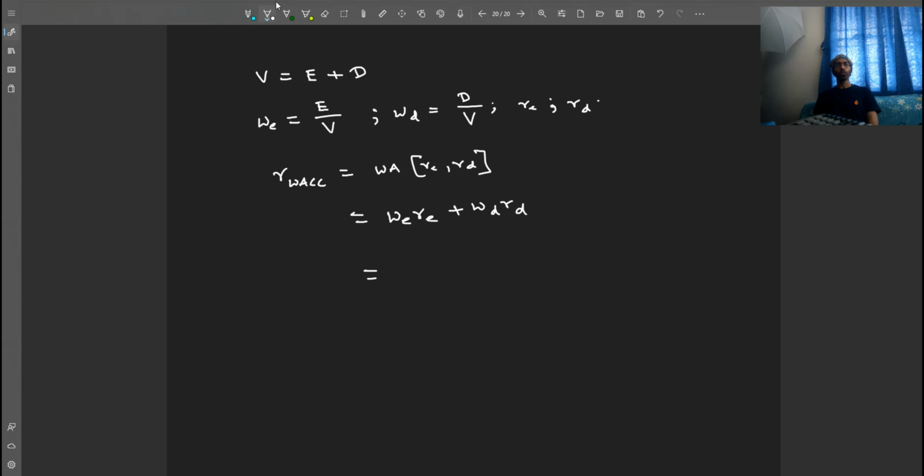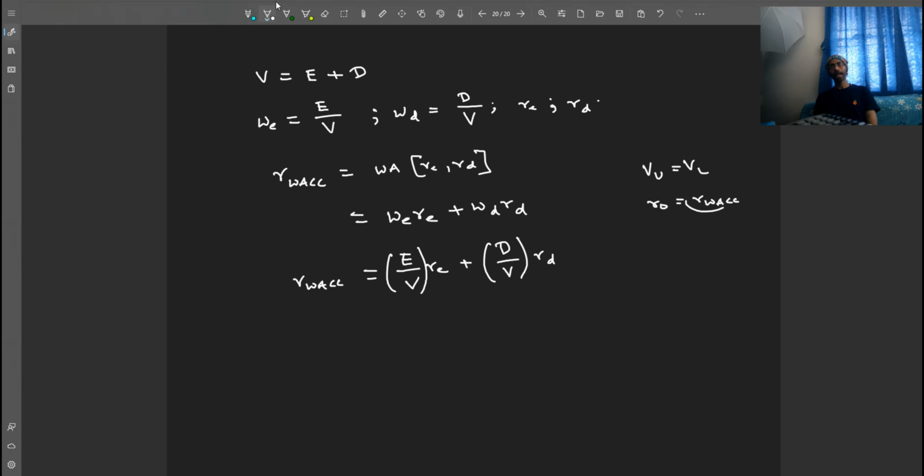This is equal to E by V multiplied by cost of equity plus D by V multiplied by cost of debt. This is equal to RWACC. But because unlevered firm's value is same as levered firm's value, R0 is equal to RWACC.